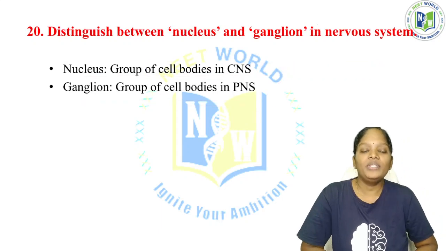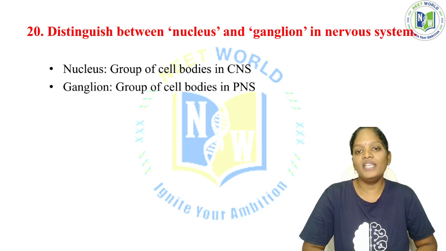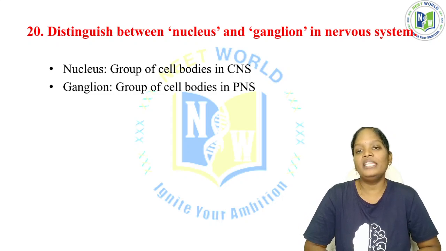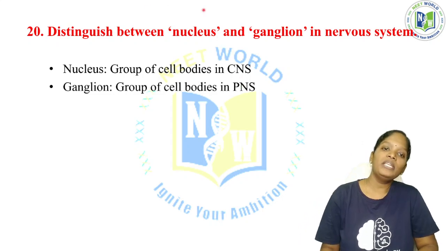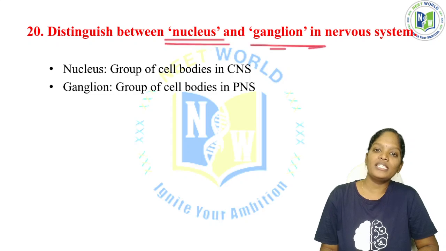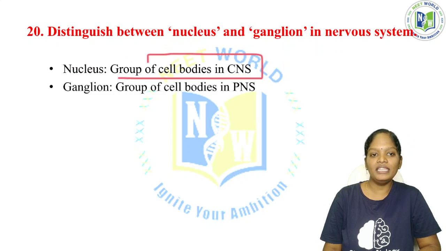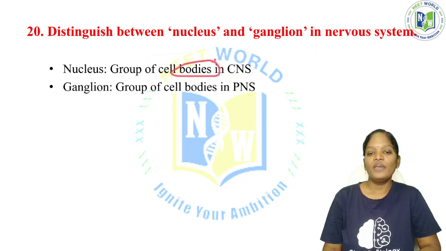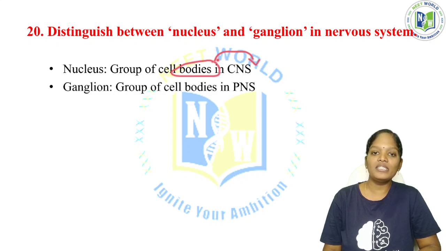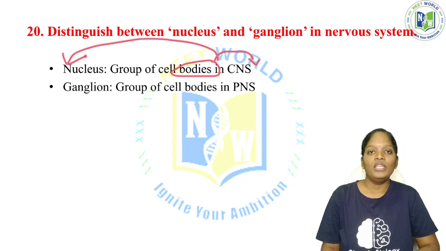Now the next question: distinguish between nucleus and ganglion in the nervous system. What is the difference between the nucleus and ganglion? A group of cell bodies present in the CNS, the central nervous system, we call a nucleus.